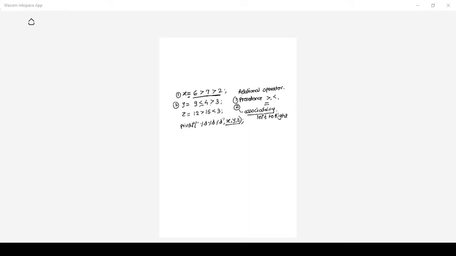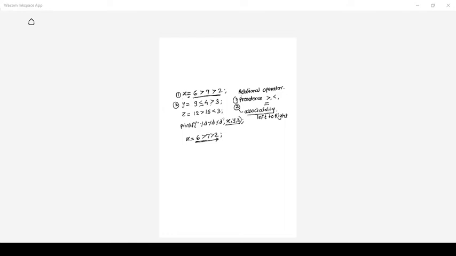That means this expression is solved from the left to right direction. This is what associativity is telling: you can solve this expression from left to right.